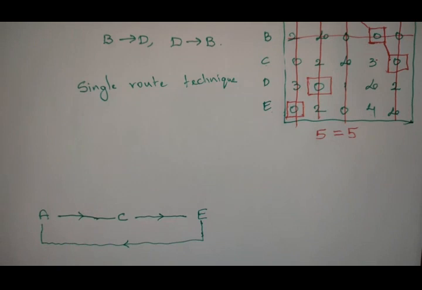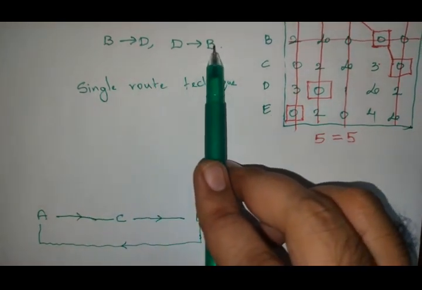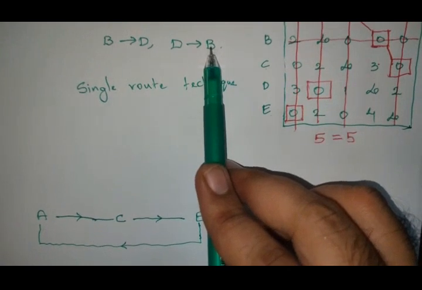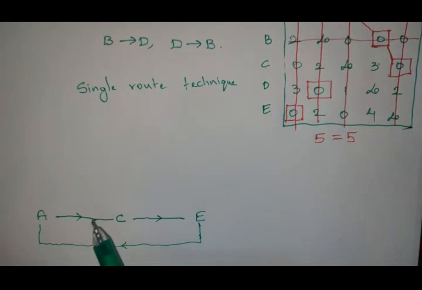And next one is B to D, D to B. So let us insert these routes. We can insert this B to D in between A to C, or in between C to E, or in between E to A. So let us check the possible cases.